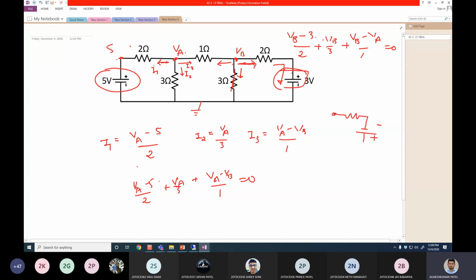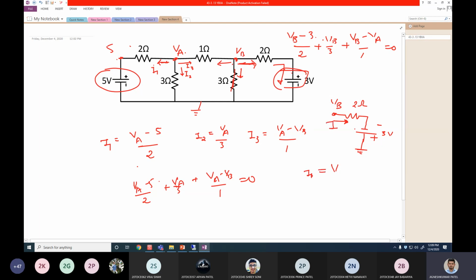I am assuming the same scenario. This is my VB, this is my 2 ohm resistor, this is my 3 volt battery, and the bottom one is my reference point. If I write a current for this branch, assuming it to be outward, what would be my equation for current I?